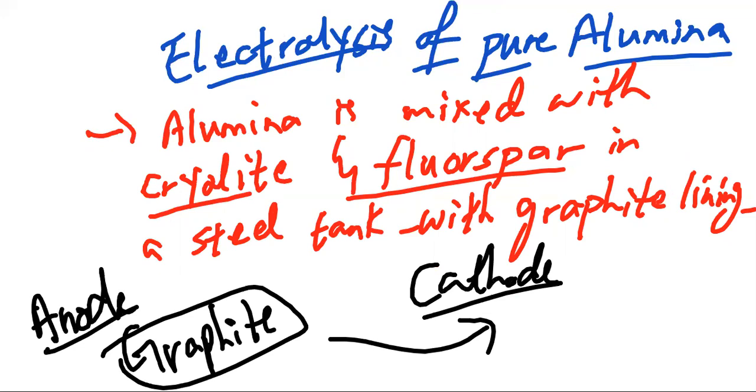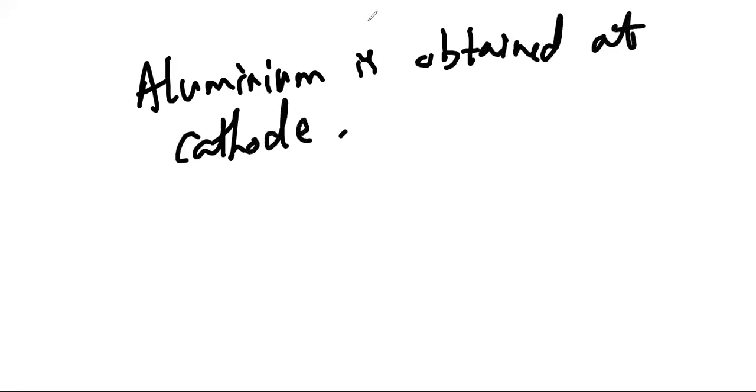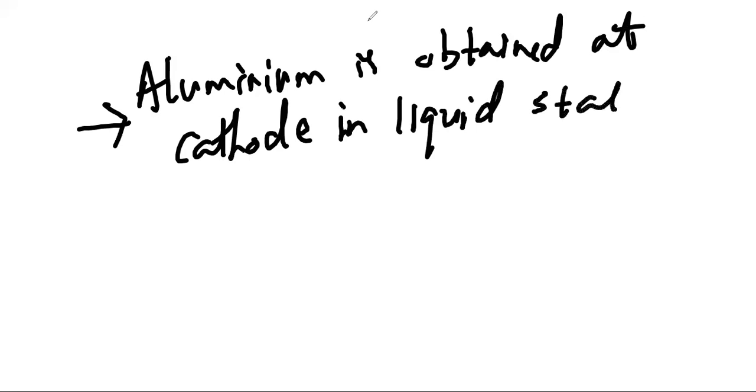Now, on passing electric current through this electrolyte material, aluminium is obtained at the cathode. The things which I'm writing are important for the ECAT only. The rest of the theory is not important. How is it obtained? Obtained at the cathode in liquid state, and then it is drawn out of the tank.